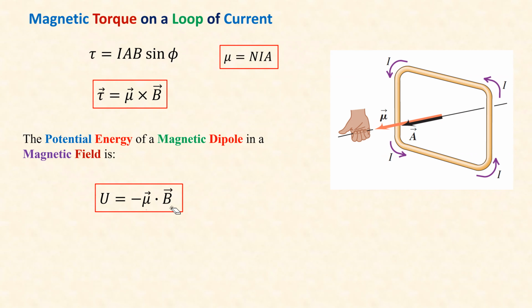That is the stable situation. If you make them anti-aligned, they have positive energy and they tend to go to lower energy. So if they are aligned, you get the lowest energy, which is stable. It means that, again, the magnetic field tends to align the magnetic moment with itself.